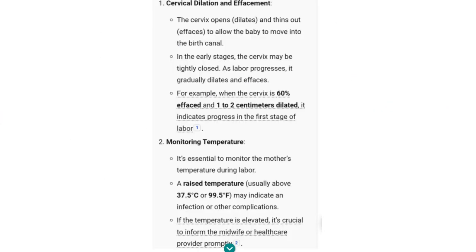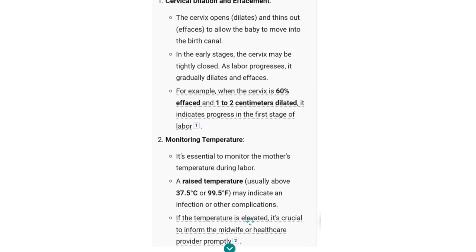If you want to do a little Googling, sometimes that helps, sometimes it doesn't. But probably even looking at a maternity textbook, they may say that a raised temperature could be expected, but it may indicate infection or other complications. Here they give an example that it's 37.5 or 99.5 above that.